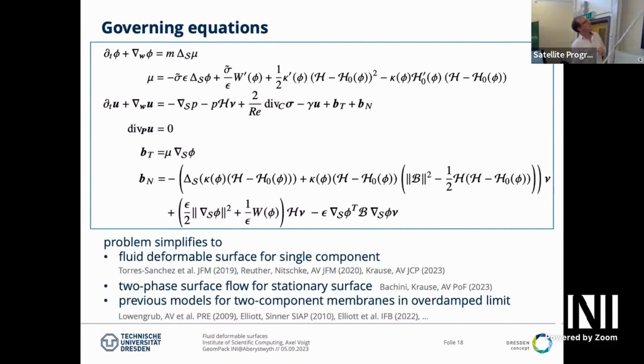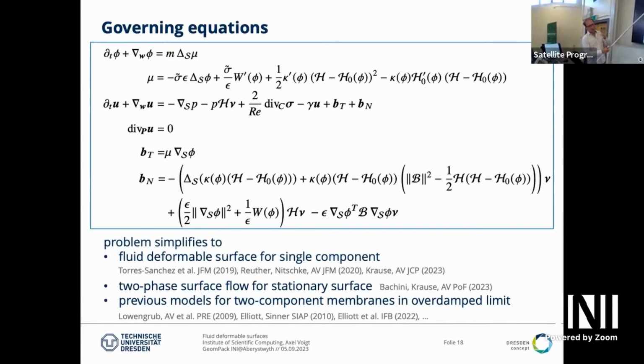Okay, it looks like this. Let's go through it. It's all defined on this evolving surface. The first equation, for phi, is the Cahn-Hilliard equation, but now with a convective term, and our chemical potential has a part which comes from the Cahn-Hilliard energy and a part which comes from the bending energy, due to the dependency of the parameters on phi. Then we have our flow equation, our Navier-Stokes equation, but now it's a two-phase flow problem.